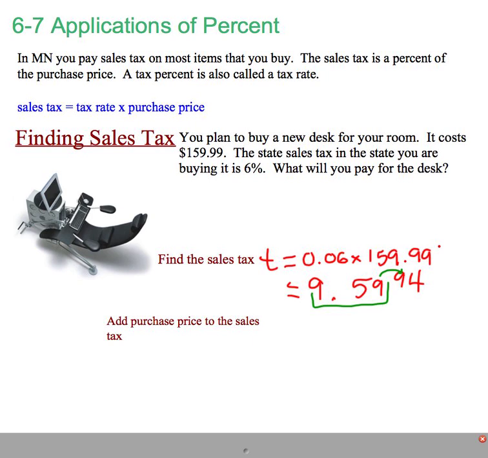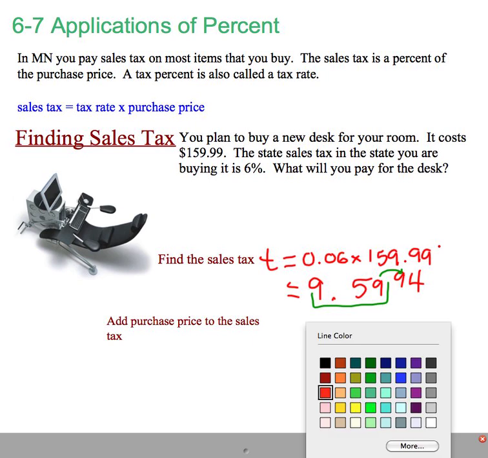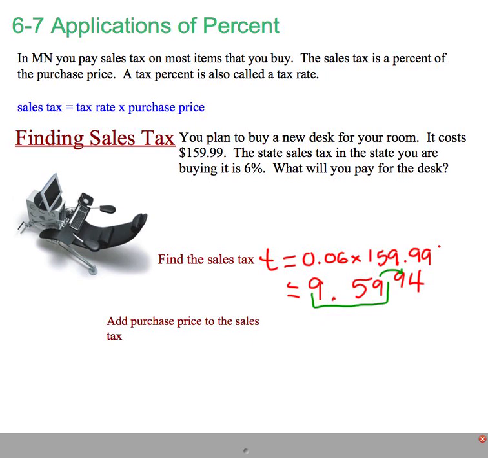You look at this, it's 5 or above, it's a 9. So what that's going to do is bump this up 1. It bumps it up from a 9 to a 10. And so after everything is said and done, this becomes $9 and basically 60 cents of tax.